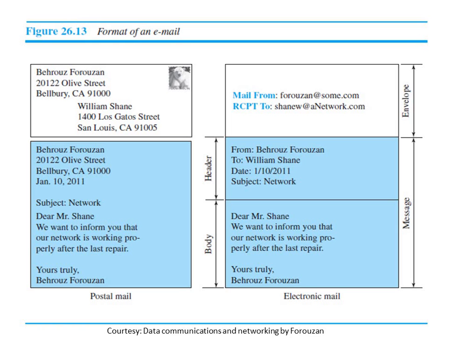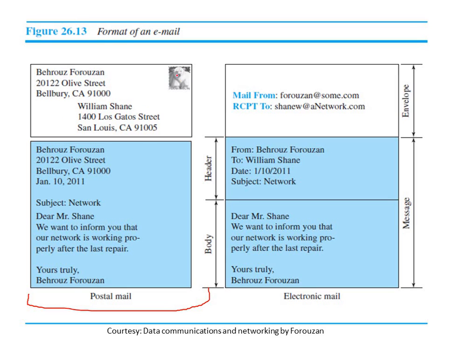Now we'll try to understand how exactly the email format is. This first block shows you the postal address, the postal mail. You put it in an envelope. On the envelope you write the whole address of the recipient and the whole address of the sender.